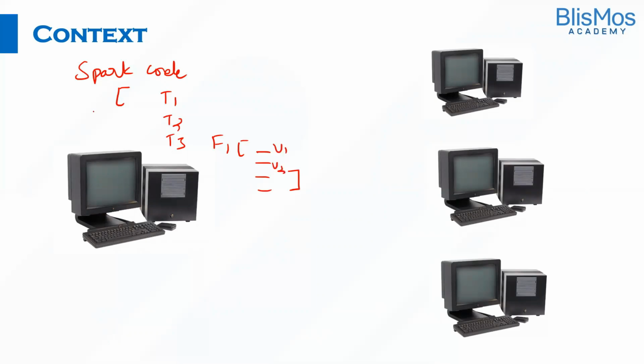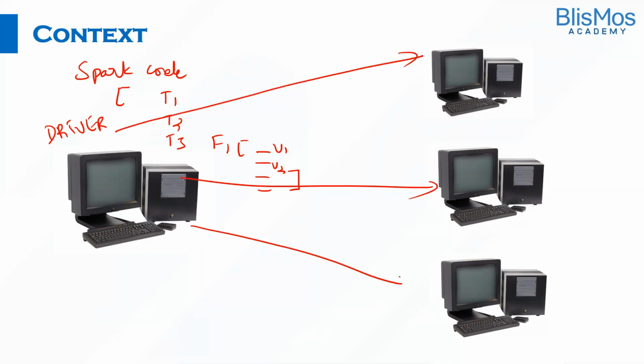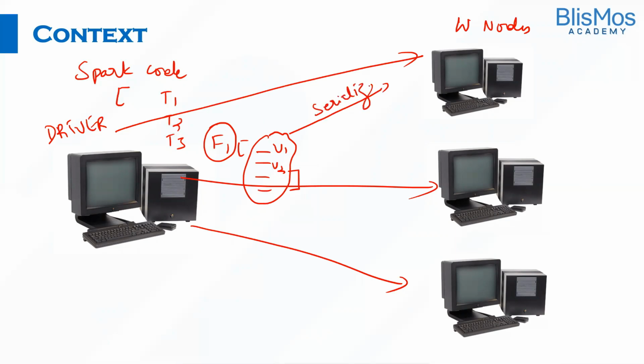This code, which is in the driver, needs to be sent to the executors or the worker nodes. Now, what essentially happens is that you have written a variable as part of your function closure. So there will be serialization. This code will be serialized and it will be deserialized in the worker nodes or executors.